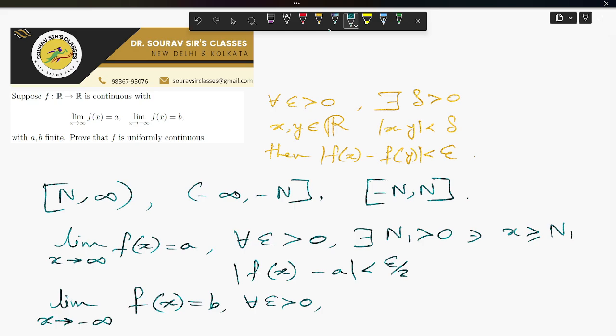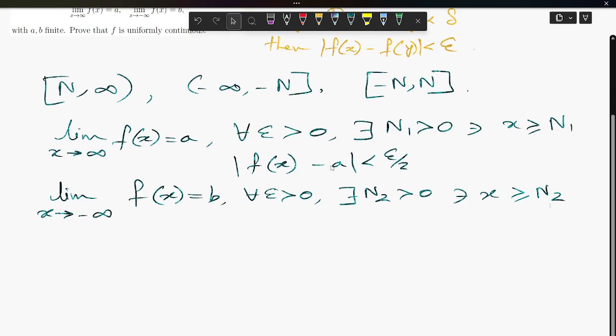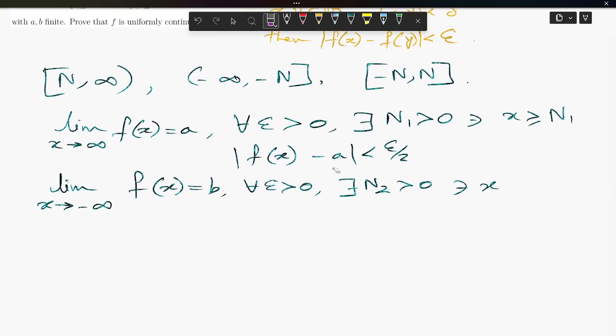For any epsilon greater than 0, there exists n2 greater than 0 such that for x less than or equal to minus n2 (sorry, I had written something wrong here), mod of f(x) minus b is less than epsilon by 2.